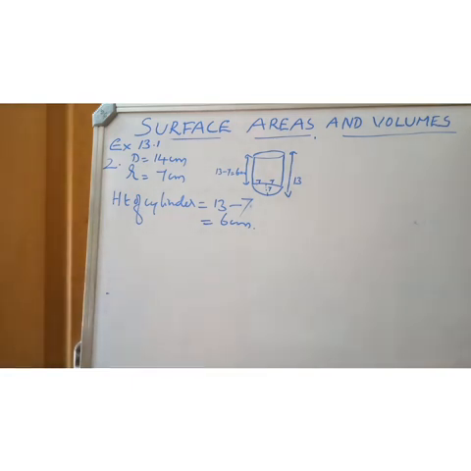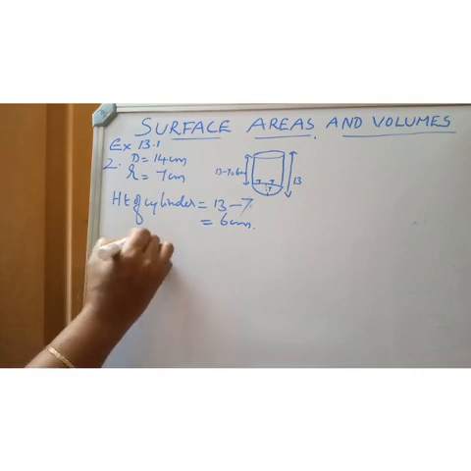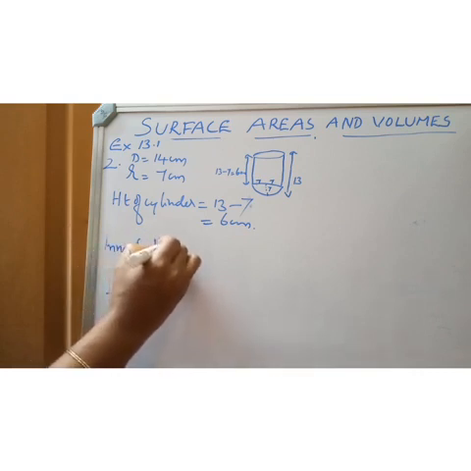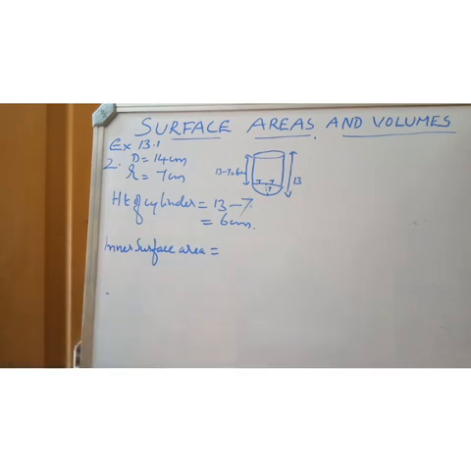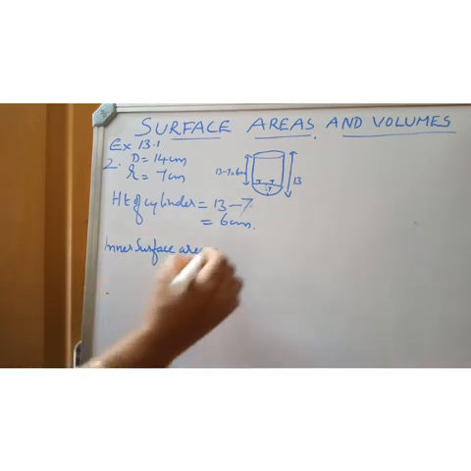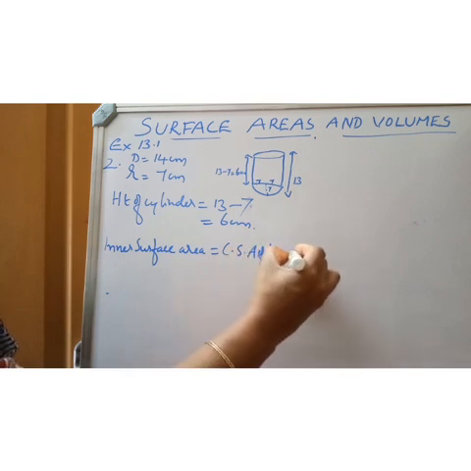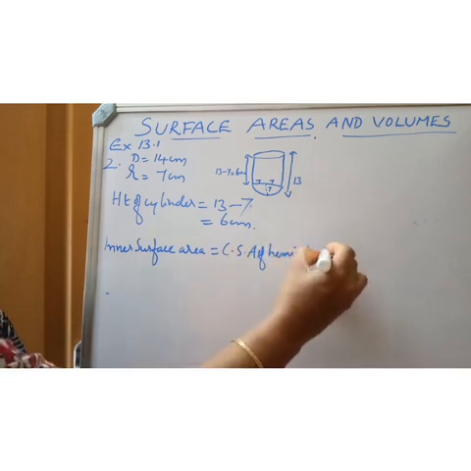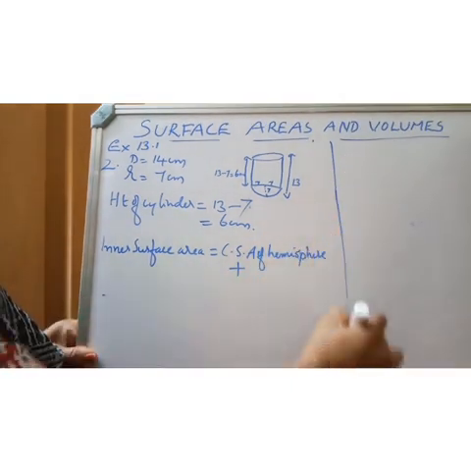CSA of hemisphere. Okay, so write inner surface area equal to CSA of hemisphere plus CSA of cylinder.